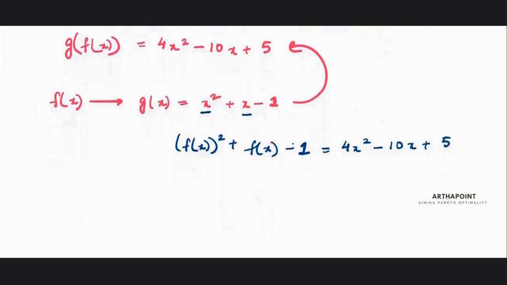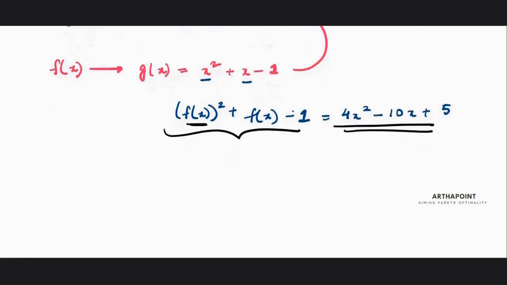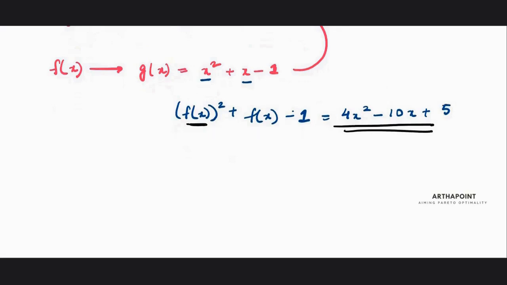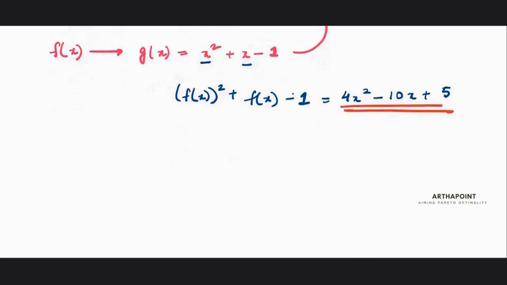So you just have to find out what this function is, right? What is this f of x, which when substituted in the function gives you this? Now, the best way to do this is, why don't we bring this in exactly this form? If I'm able to bring this part in this form, I will be able to get my value of the function. So I'm going to say, okay, 4x squared minus 10x plus 5.